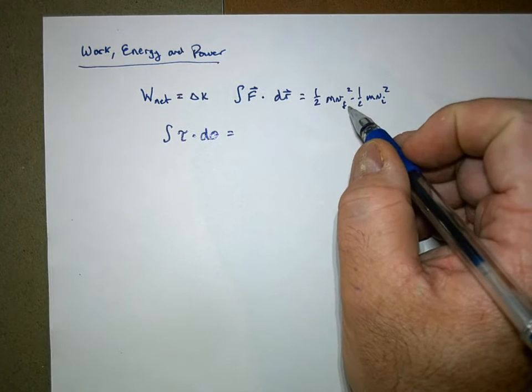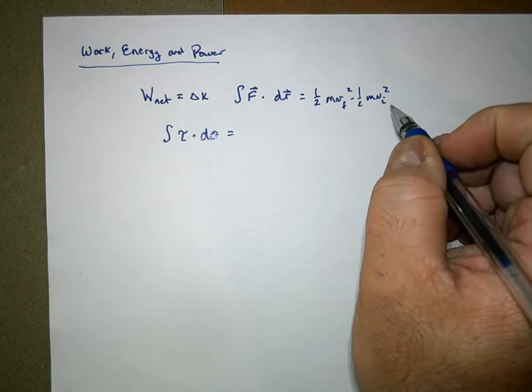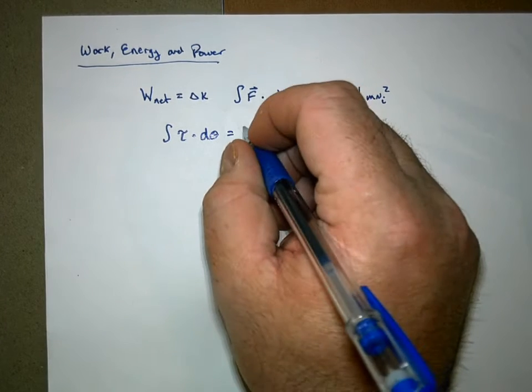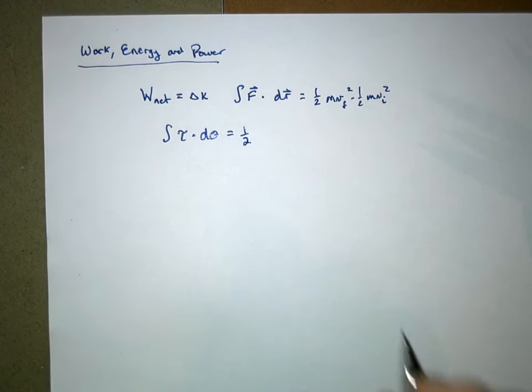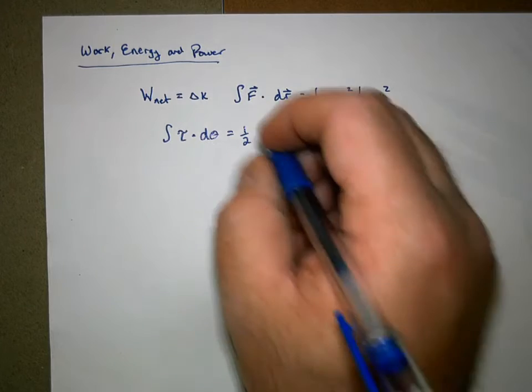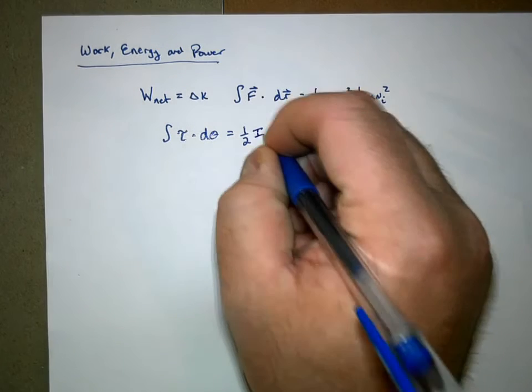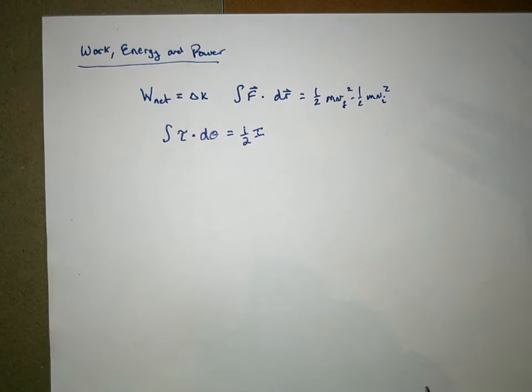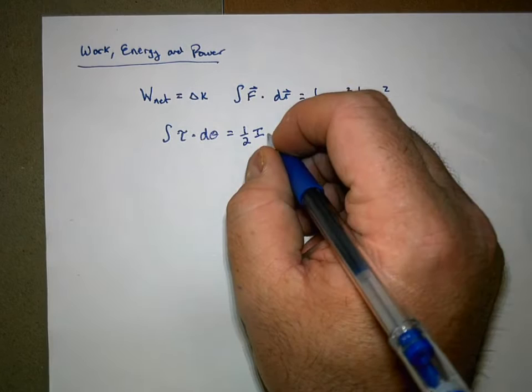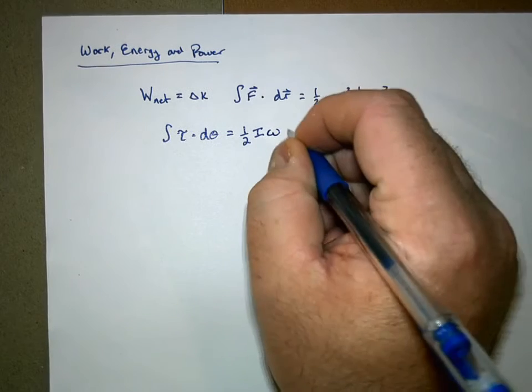So we have a mass and a velocity, and a mass and a velocity. Well, we're going to have 1/2. That's the constant. Our rotational analogy for mass, though, is our moment of inertia, and our rotational analogy for velocity is omega, angular velocity.